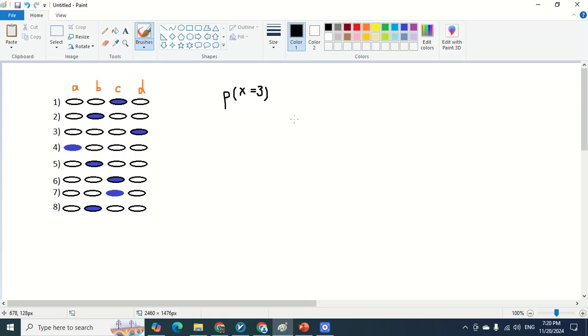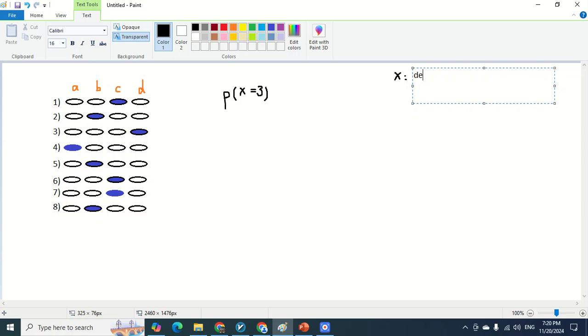If X denotes the number of correct answers, then we have one random variable that we use to determine the question. So X denotes the number of correct answers.